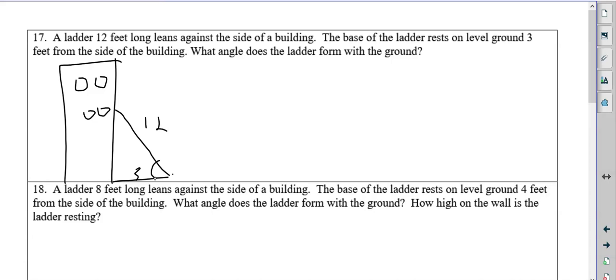So from that angle, we have 3, which is the adjacent, and the 12 is the hypotenuse. So cosine of the unknown is adjacent over hypotenuse. Once again, you do second cosine, 3 divided by 12, and you get 75.5 degrees.